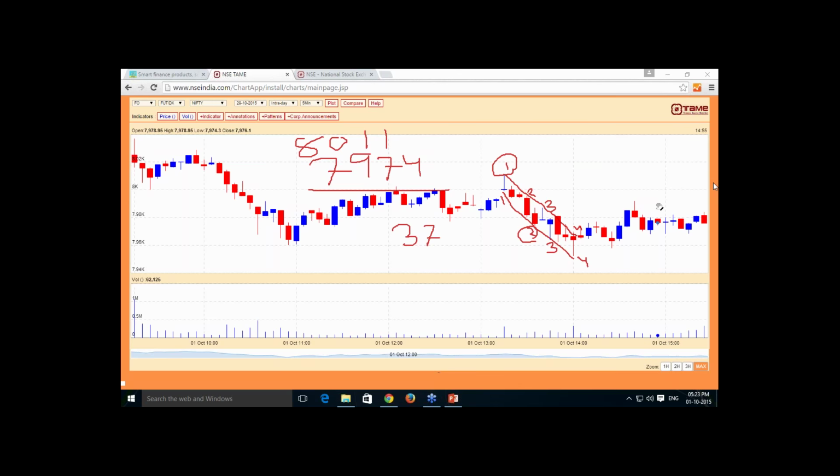Now move to the lowest low it has given. Here this is the lowest low it has come, 7952, and this candle's last high is 7969. Here only the prices are visible, 7969. So this is where my flag is ending, 7969.